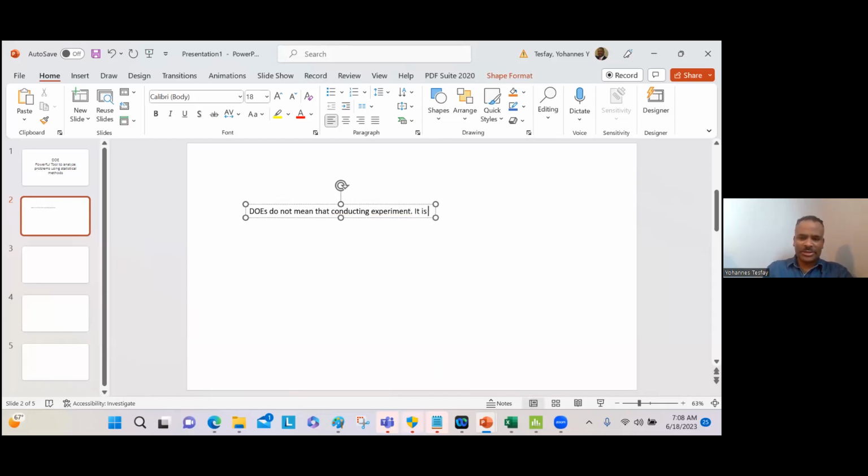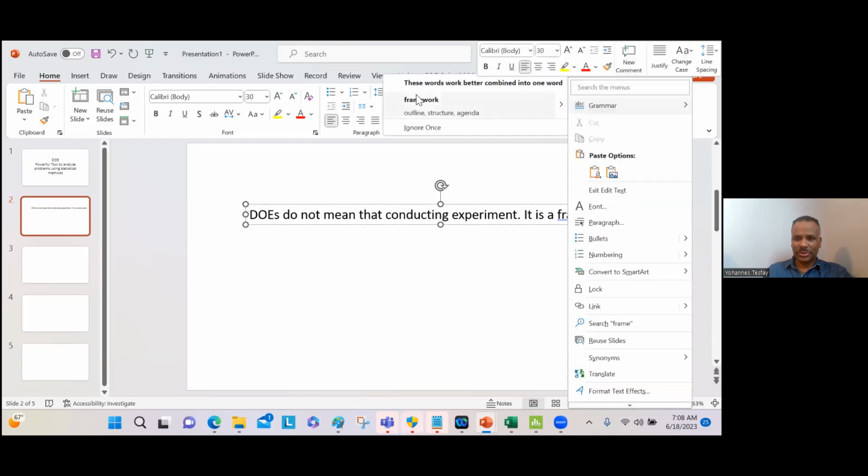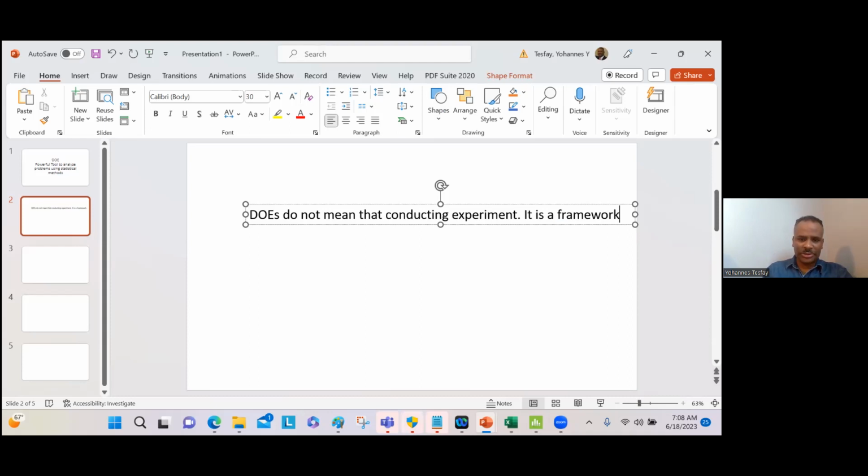It is a framework, just a framework, about how to do the experiment and how to analyze it.